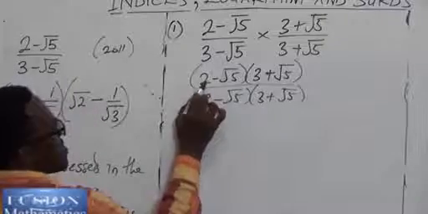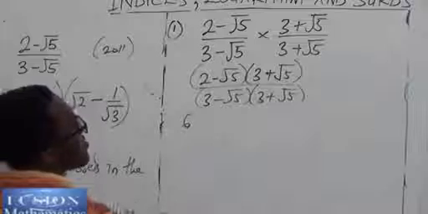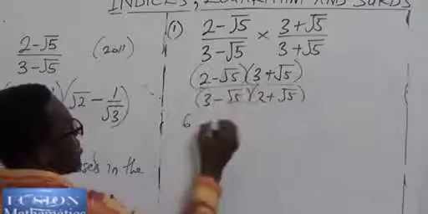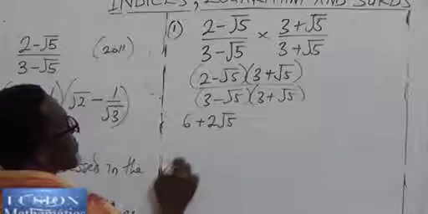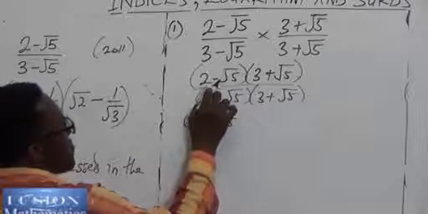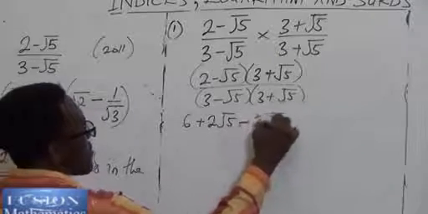Now we multiply each element. This multiplied by this will give us 6. 2 multiplied by root 5 will give us plus 2 root 5. Minus root 5 multiplied by 3 will give us minus 3 root 5.